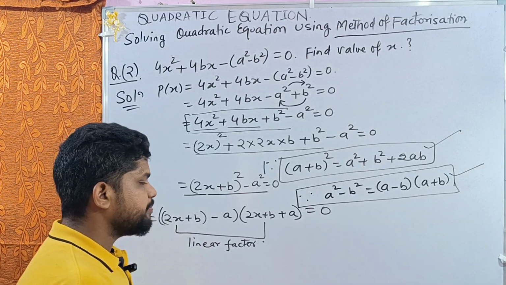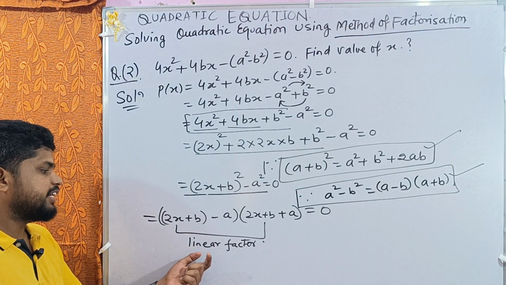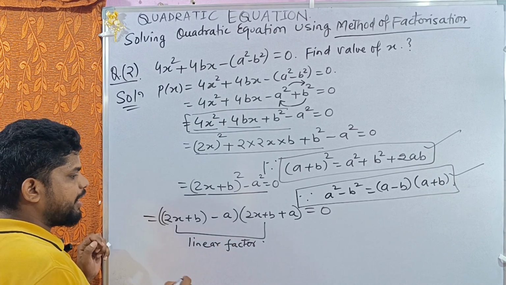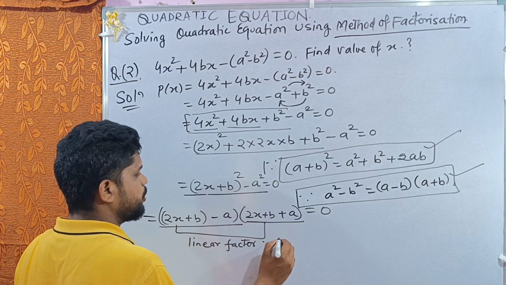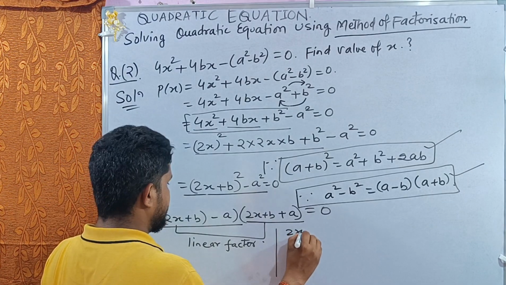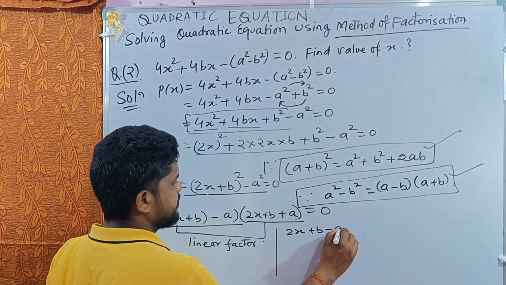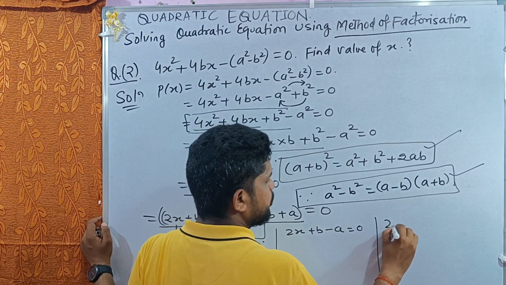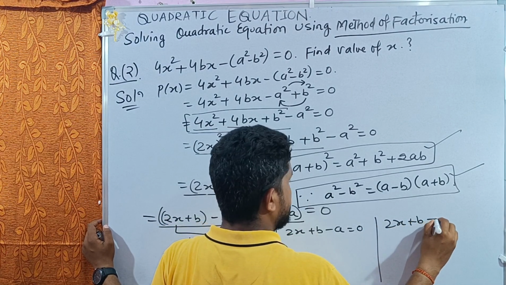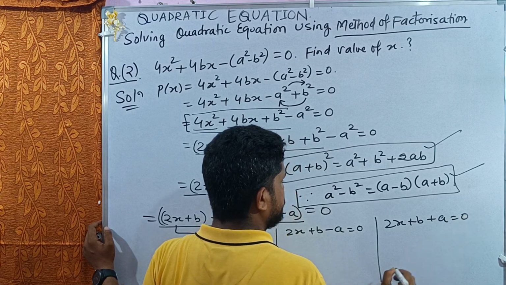Now the next step is to equate the linear factors to 0. So by equating these linear factors to 0, we will get 2x plus b minus a is equal to 0, and here 2x plus b plus a is equal to 0.